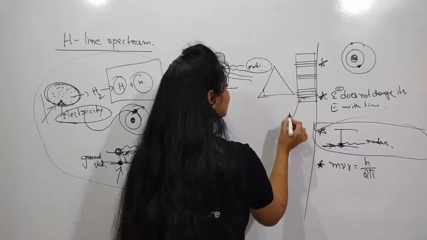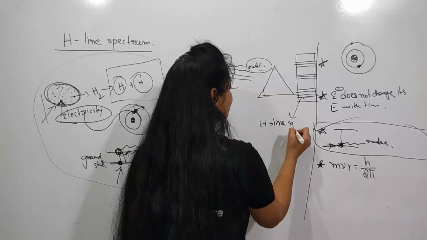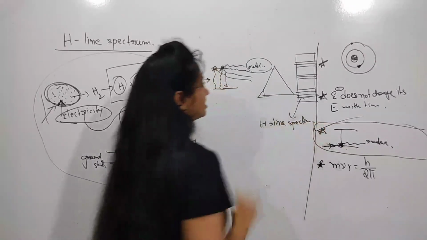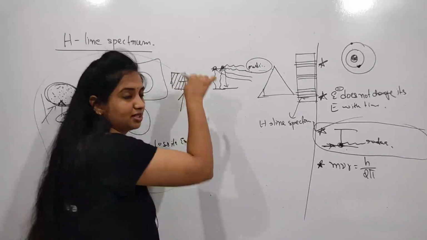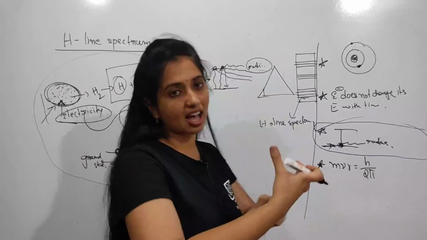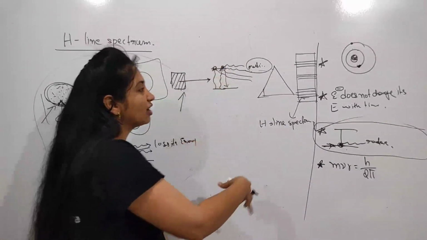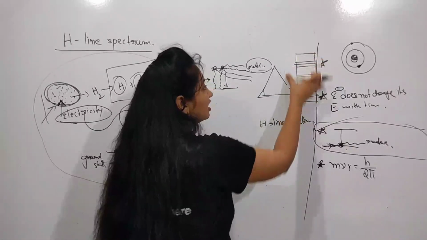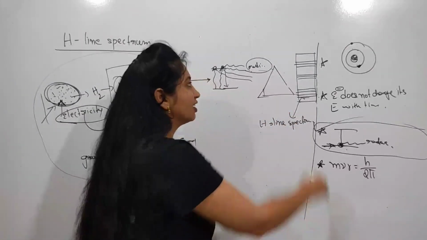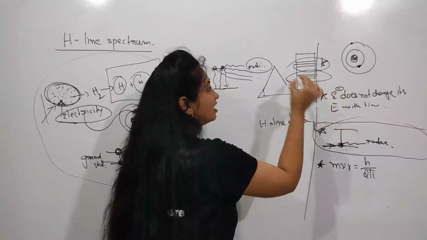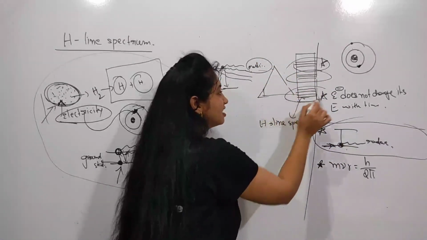This is our hydrogen line spectrum. Depending upon how much energy we applied and how much energy the atoms absorb, we get different line series in the hydrogen spectrum.